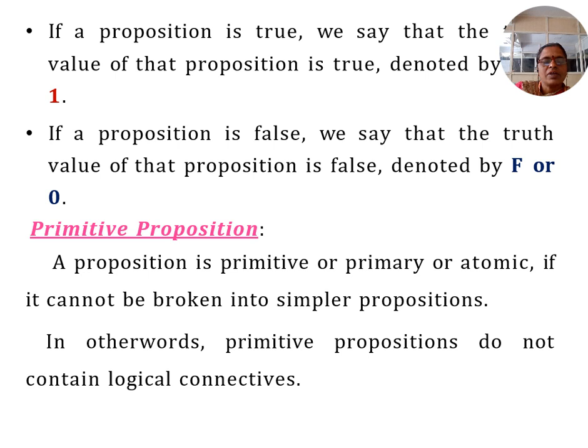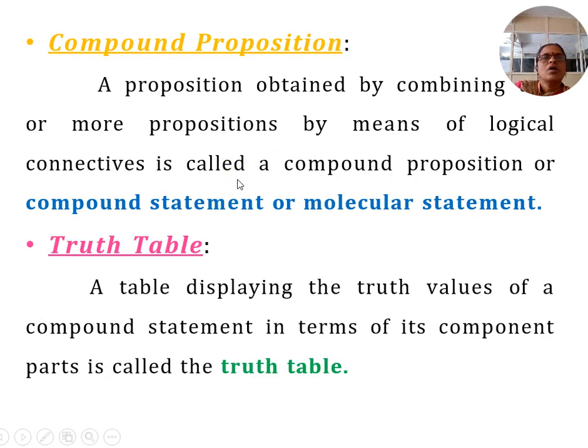In other words, primitive propositions do not contain logical connectives. Compound proposition: a proposition obtained by combining one or more propositions by means of logical connectives. Truth table: a table displaying the truth values of a compound statement in terms of its component parts is called a truth table.